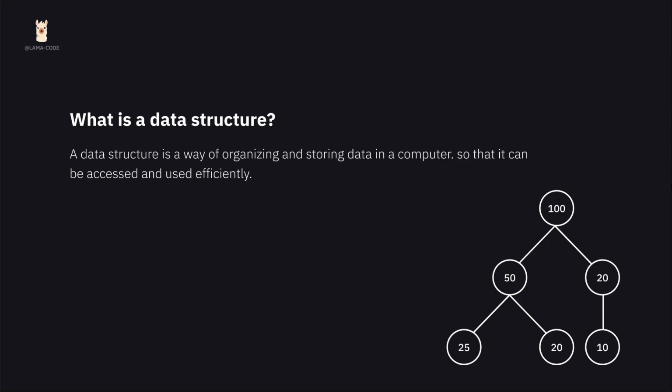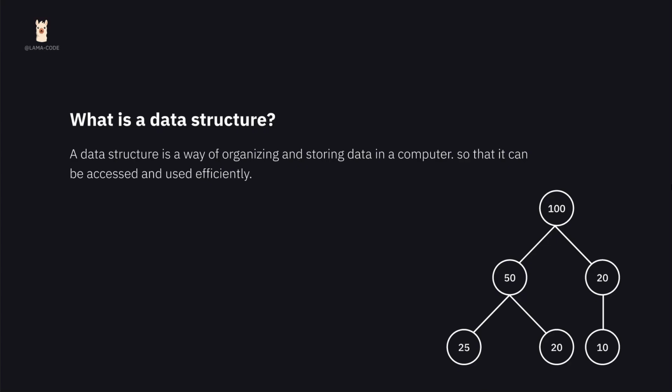And in general, in programming, if we don't organize our data well, our applications can quickly become inefficient and hard to manage. And in this course, we are going to explore some of the most essential data structures that you will encounter in Java programming.